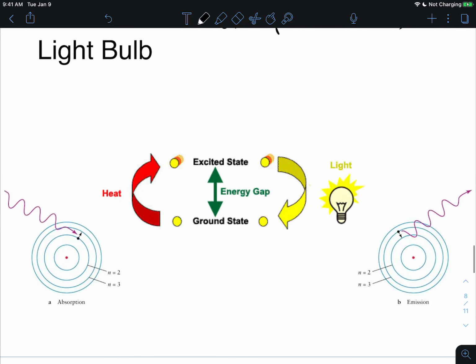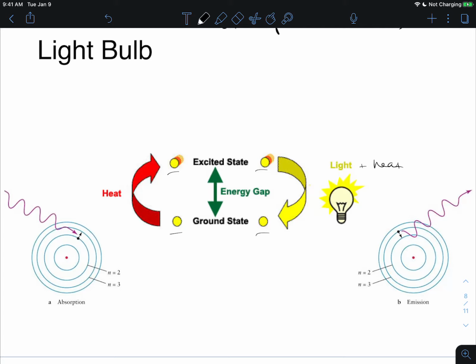And we can look at this when we think about a light bulb. So a light bulb has this excitation process and then return to ground state. So with a traditional incandescent light bulb, heat is used to go from a ground state into an excited state. And then as it goes down from an excited state back down to a ground state, light is emitted. Now, if you've ever touched a light bulb, you know that heat is also emitted. So light and heat are emitted if you have an incandescent light bulb.